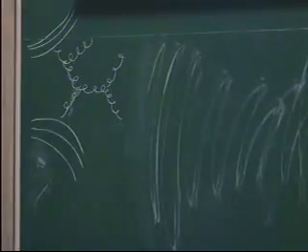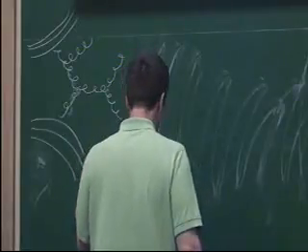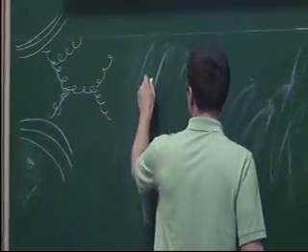That's the ISR. In addition to that, we have the underlying event. The key here is the underlying event really is the stuff that happens between the partons that are interacting here. So in other words, let me say what I mean here.